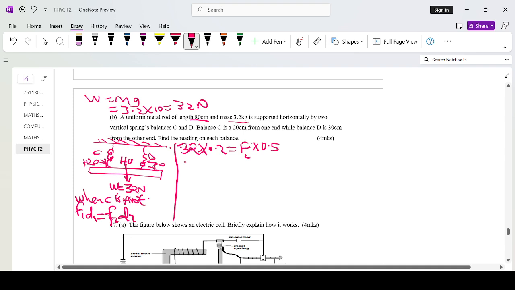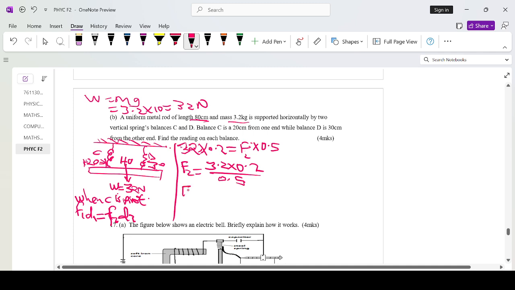So that gives you F2 will be now 3.2 times 0.2 divided by 0.5.